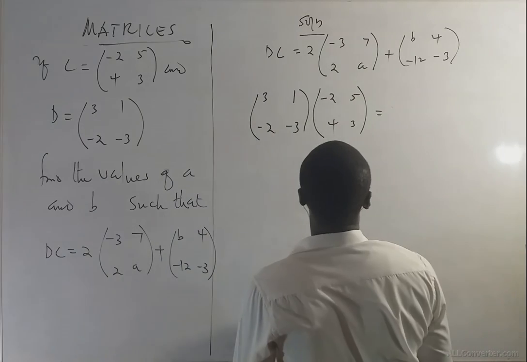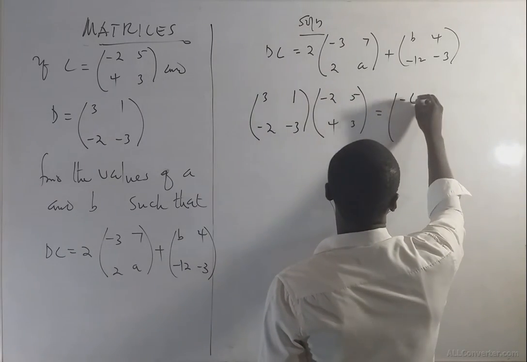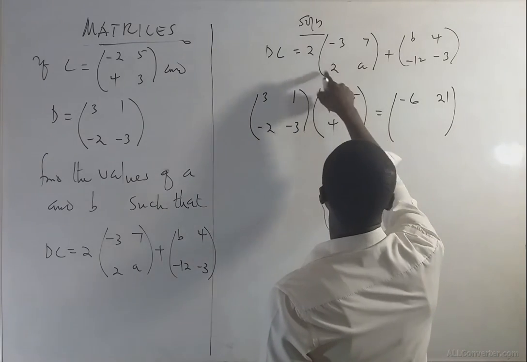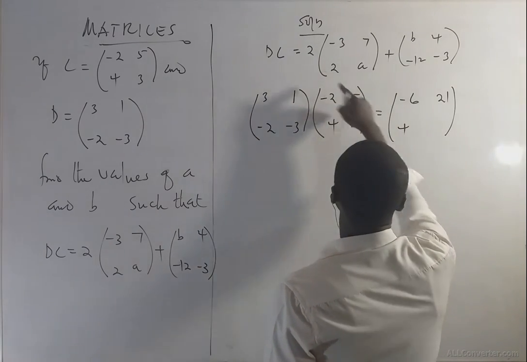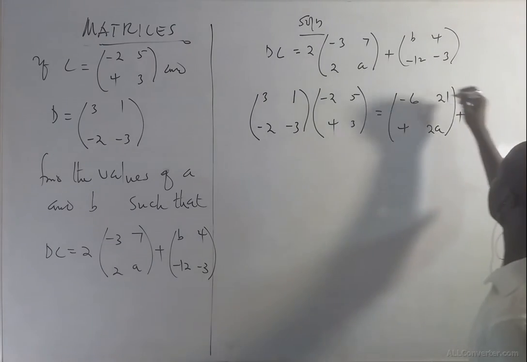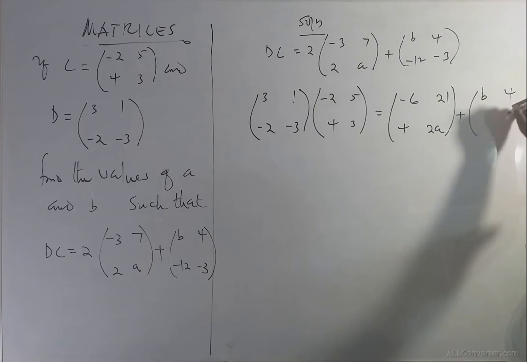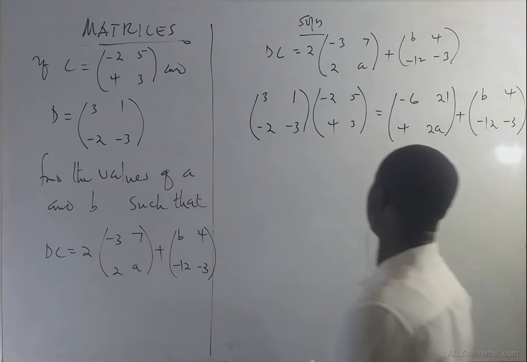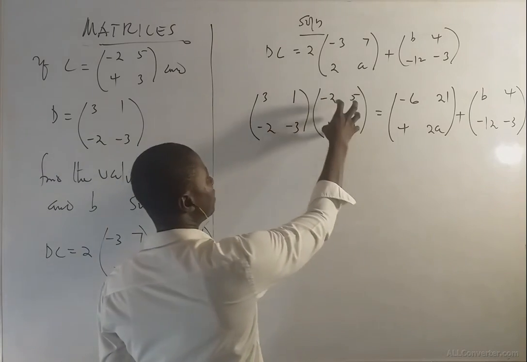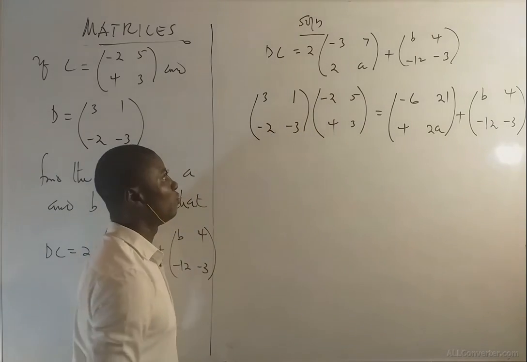So 2 times -3 will give us -6. 2 times 7 will give us 14. 2 times 2 will give us 4 here. Then 2 times A will give us 2A here. Don't forget, it's plus (B, 4; -12, -3). Okay, so we now multiply. On the left, we are multiplying this 2 by 2 matrix by the 2 by 2 matrix. And I guess by now you know how to multiply.